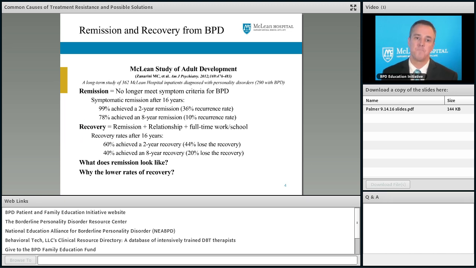So what does getting better from borderline personality disorder look like? That's a common question, and when we're talking about treatment resistance, we want to know, well, what's the end outcome supposed to be? And so I'm going to tell you a little bit about the McLean Study of Adult Development, which was done here at McLean Hospital by our own Mary Zanarini. Dr. Zanarini presented a lot of this research in one of the earlier webinars.